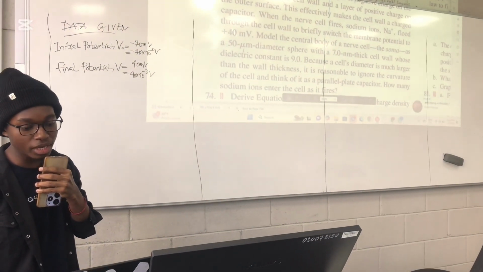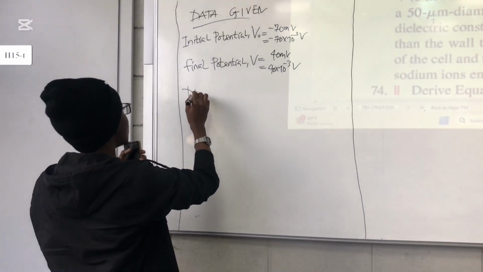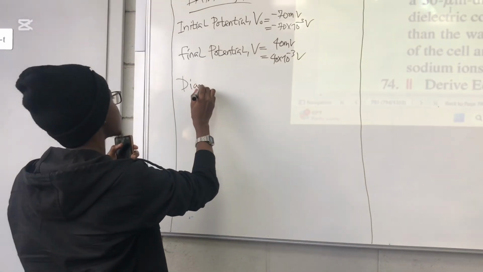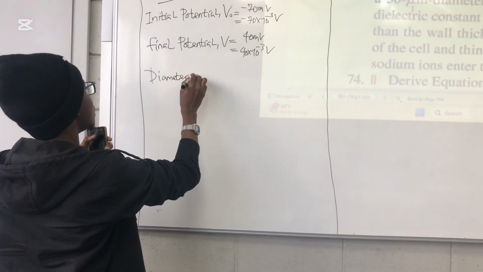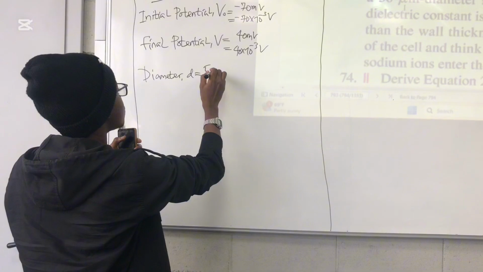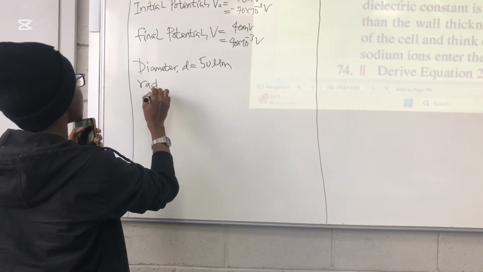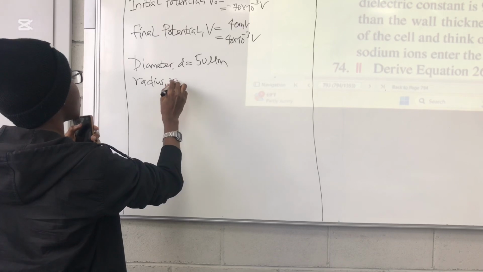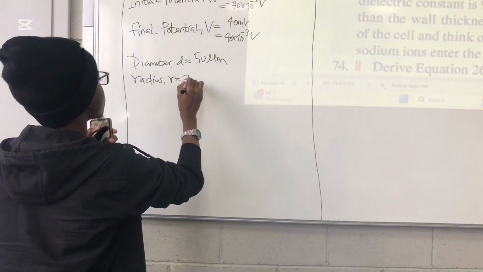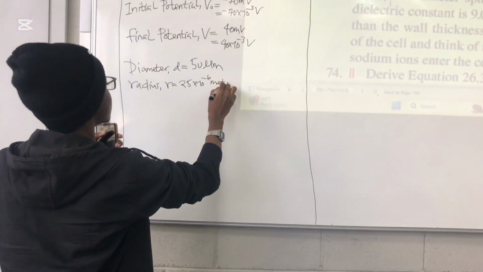Another data is that the central body of the nerve cell, the soma, has the diameter of 50 micrometer. So you have been given the diameter of the cell body, D is equal to 50 micrometer. So for this diameter, the radius of the central body, I can call it R, is equal to 25 times 10 power negative 6 meter.